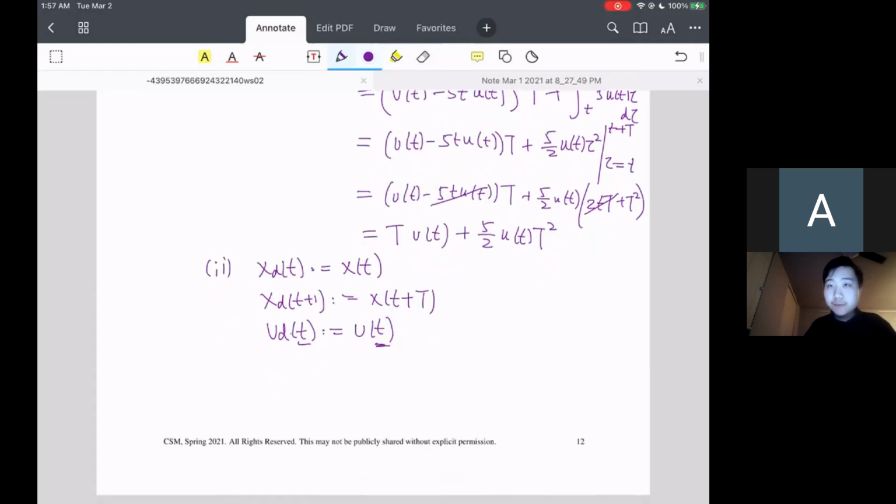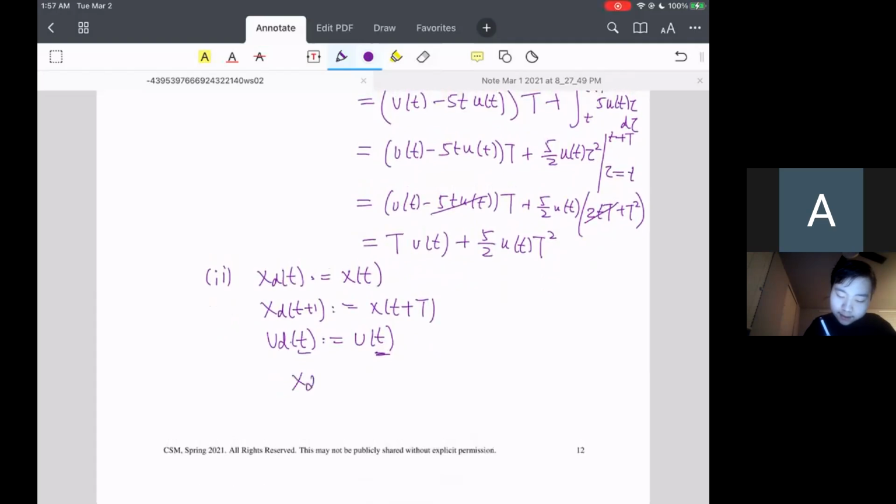So we plug in the equations to see that xd of t plus 1, the discrete distance at time step t plus 1, is equal to xd of t plus T times vd of t, plus 5/2 u of t T squared.